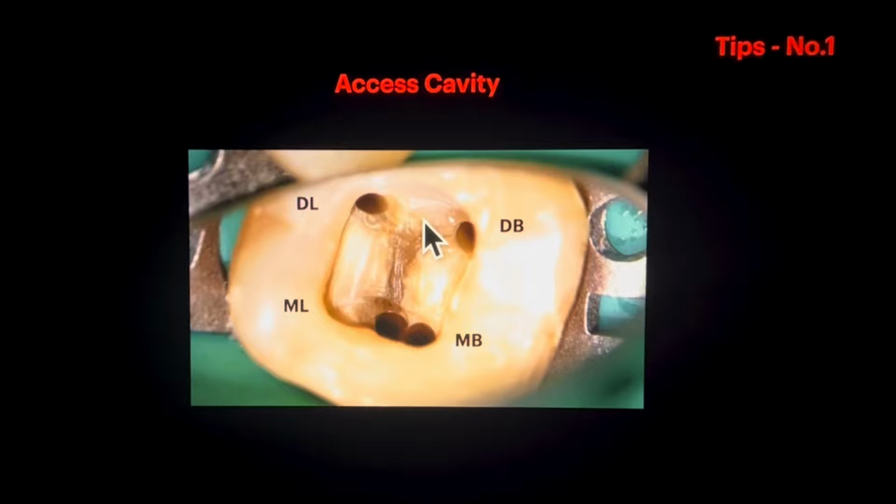The next thing you have to remember is the law of concentricity. I found the most useful law among all these six laws of access cavity preparation is the law of concentricity, which states that the walls of the pulp chamber, here in this area, should be concentric to the external surface of the tooth at the level of the CEJ.